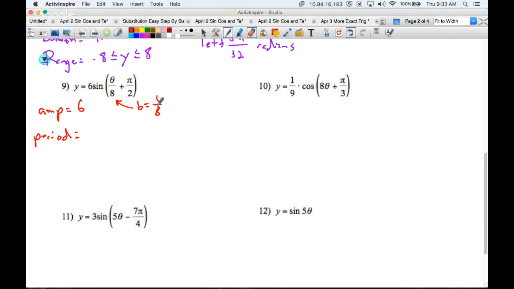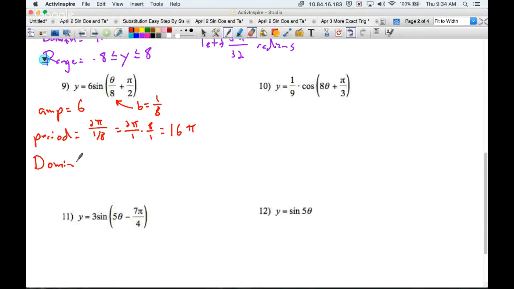That was our equivalent, 1/8. Multiplying something by 1/8 is the same as dividing it by 8. So 2 pi divided by 1/8. We're going to copy dot flop this. I'll actually show it. So it's 2 pi over 1 times 8 over 1, which equals 16 pi.